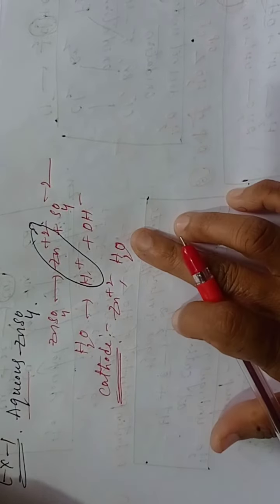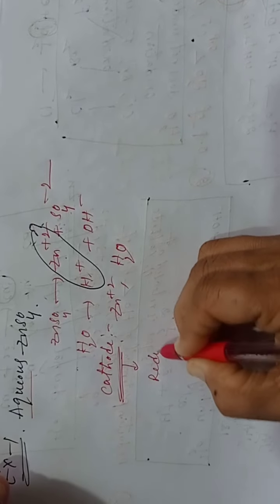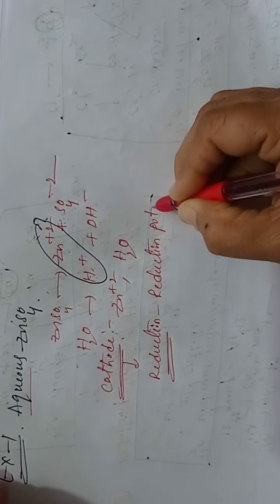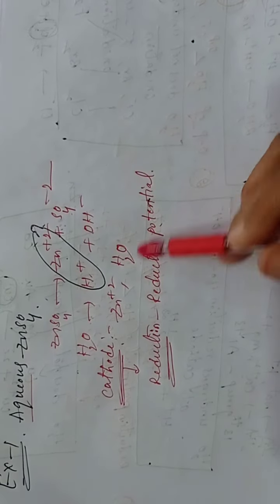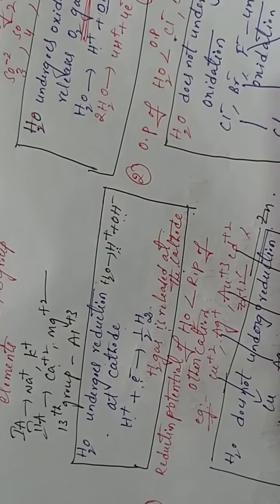At the cathode, which reaction is taking place, students? Reduction. So you have to see the reduction potential. In the case of reduction potential of water and Zn plus 2, which one is more?